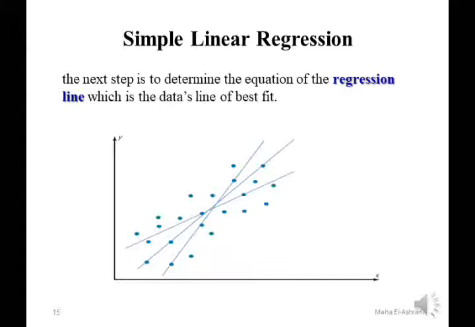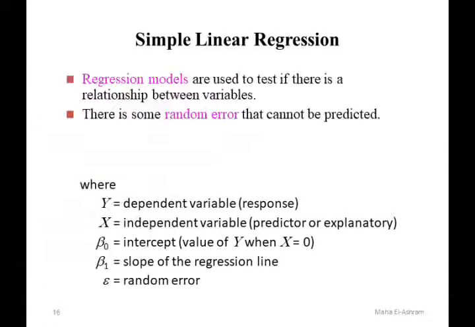And actually, this is what we're going to use. Usually this is the relationship that can be represented in statistics between x, the independent variable, and y, the dependent variable.